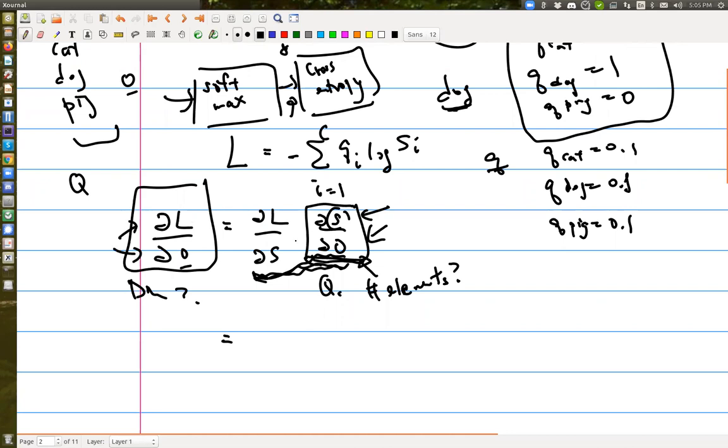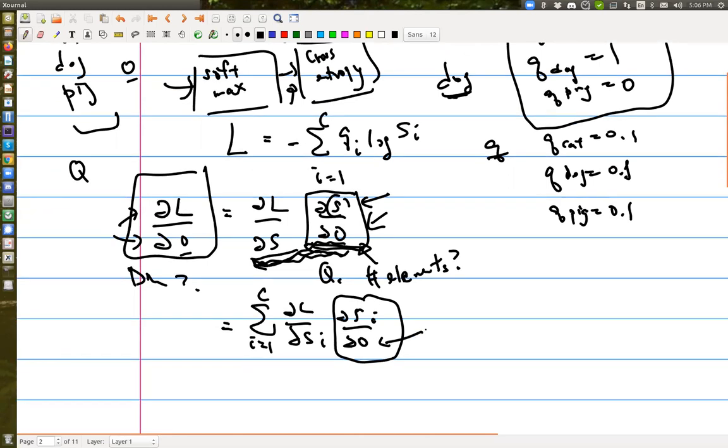It can go through S, or through different coefficients of S. Therefore, I can think of this as a sum of partial L, partial S_i, times partial S_i, partial O. So already I have a summation here, with i equal to 1 to C. And in this case, this guy is actually a vector of dimension O.